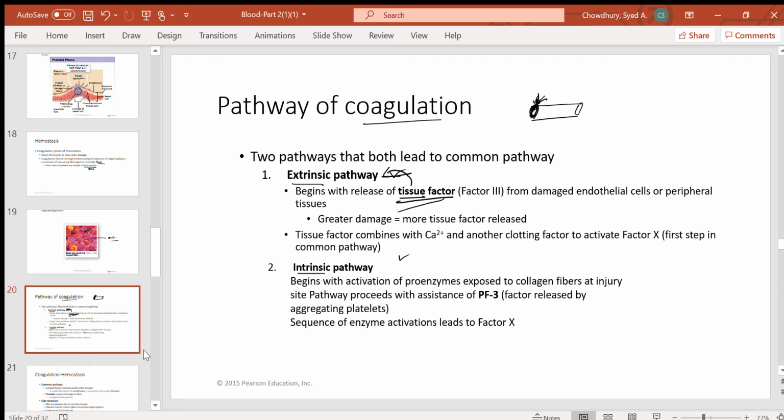When the tissue is ruptured, the wall of the blood vessel or outside tissue, that is what we get when we get a cut normally, right, or injury from outside. So that is extrinsic. Now you all know that without any injury from outside, sometimes a clot is formed inside the blood vessels, right?